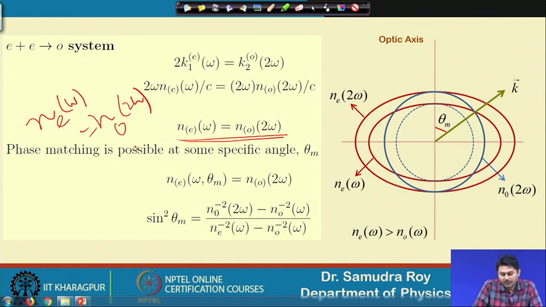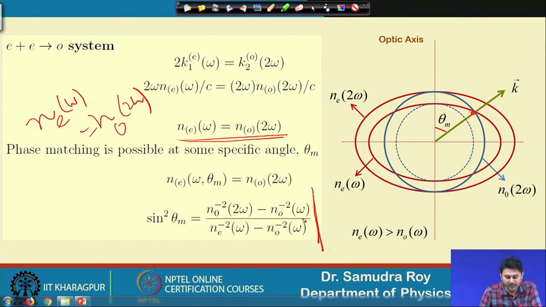If I now try to find out the picture, then obviously n_e of omega has to be greater than n_o of 2 omega. So, this is a crystal where this is possible at this point as shown here. Now, one can again find out the theta_m value. There is a small difference between this expression and the previous expression, so you have to be very careful. The previous expression we have already calculated.